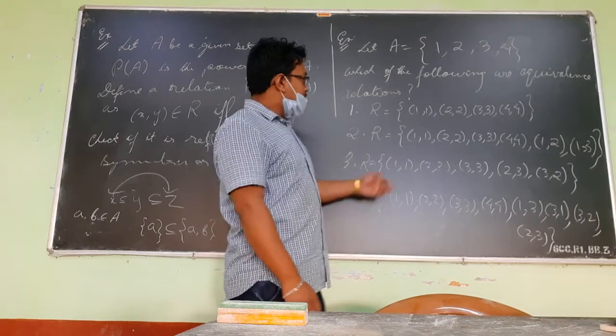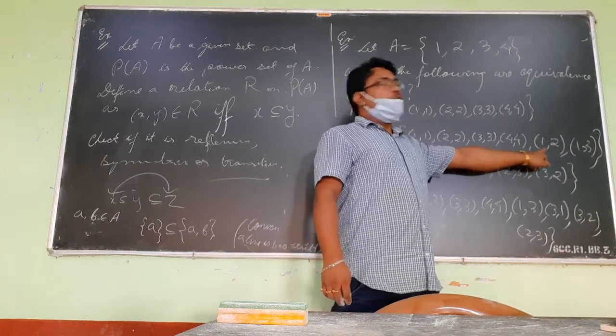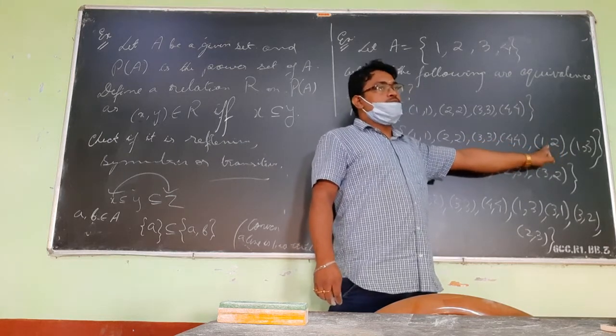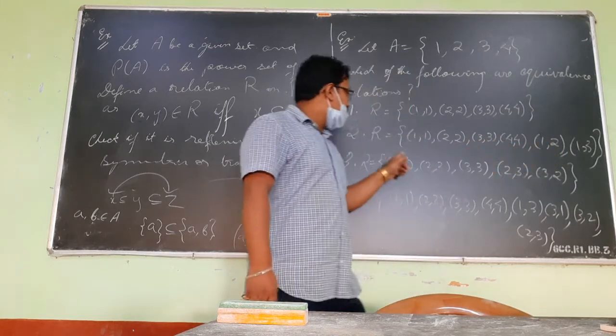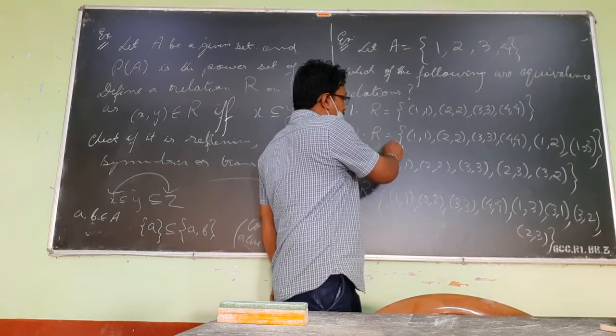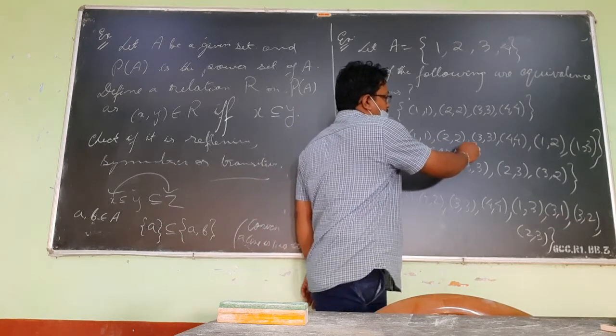Is this one an equivalence relation? No, it is not equivalence. Why? It is not symmetric. 1, 2 is an element inside this relation, but 2, 1 is not there. So how will you write? R is not an equivalence relation as R is not symmetric.